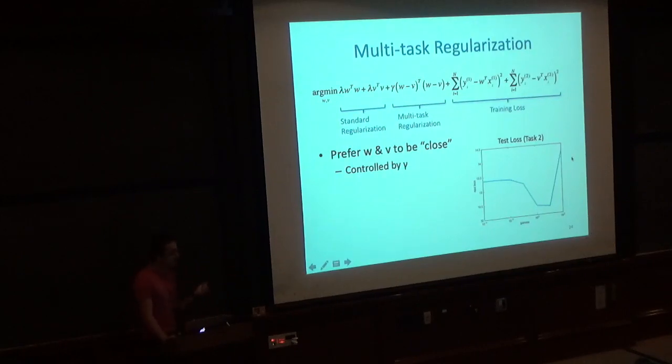Yes? So how does this compare to if we combine the data and just use one? Excellent question. So how does this compare to if we just combine the data and then have an extra feature that's like, is this task 1 or task 2? I have a couple comments on this. First of all, if you're going to do linear models, that might not work very well. Because then you're basically saying that the difference between task 1 and task 2 is an additive offset, because it's a linear model.